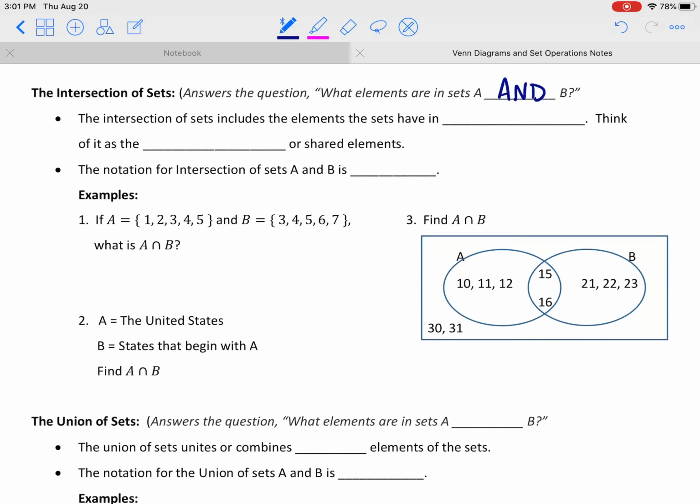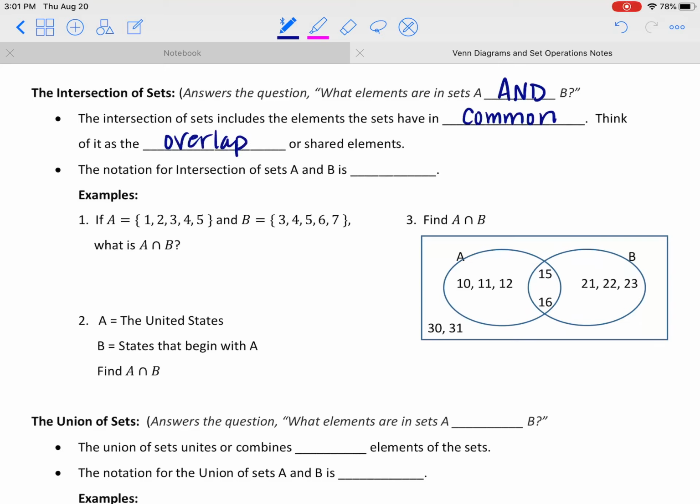So the intersection is what do the sets have in common? What is in A and in B? So think of it as the overlap in the picture, or the shared elements.